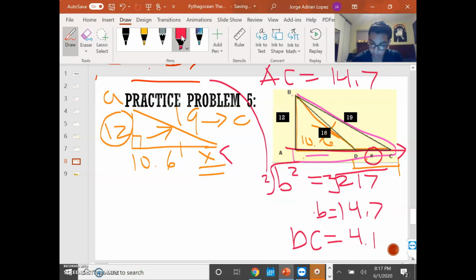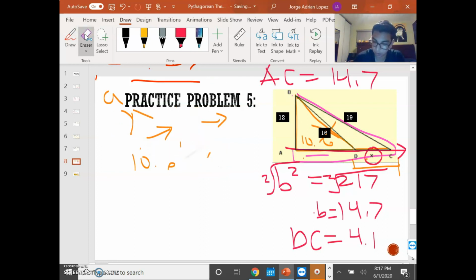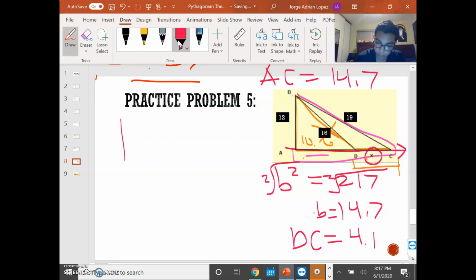We know that the side of this whole big triangle, or actually let's redraw that triangle, now that we know what our missing parts are, okay? We know A to B. So this is our big triangle. This is the big piece that we're solving for, alright?